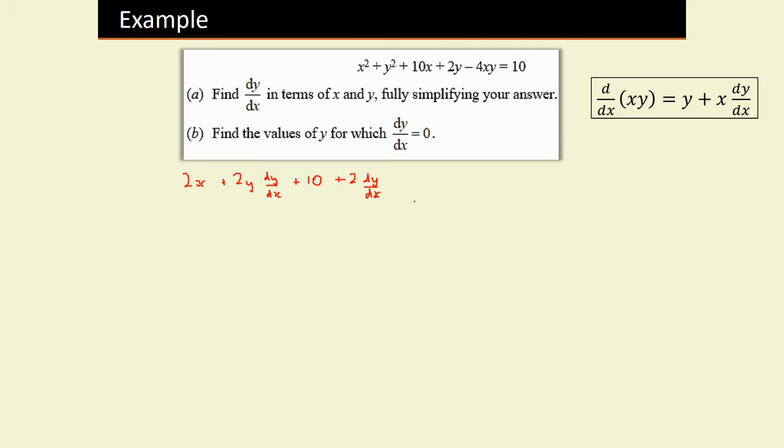Differentiate with respect to y and then write dy by dx. And the minus 4xy, well, it's going to be minus 4 times what I've got in the bracket in the box up there. So it'll be minus 4y minus 4x dy by dx.